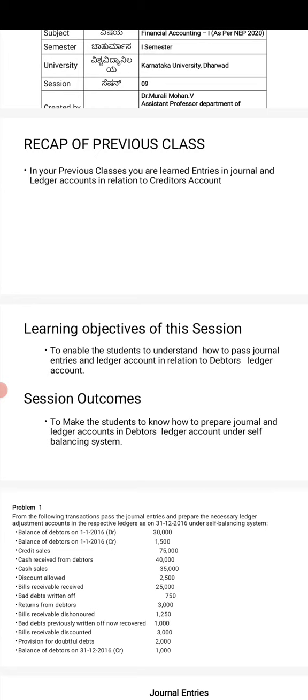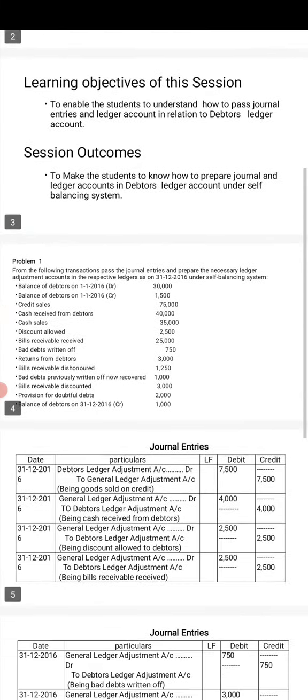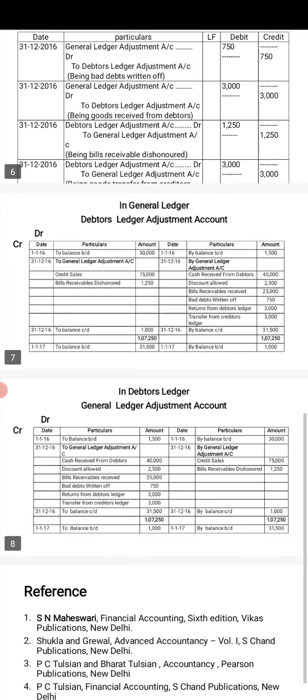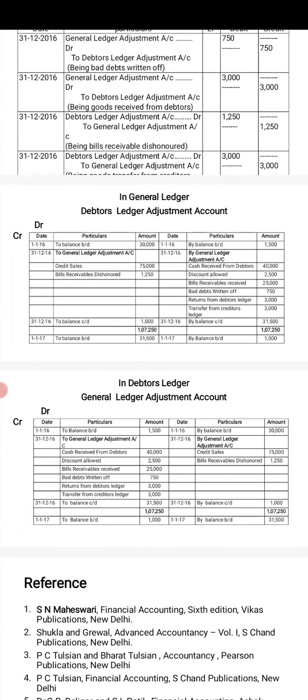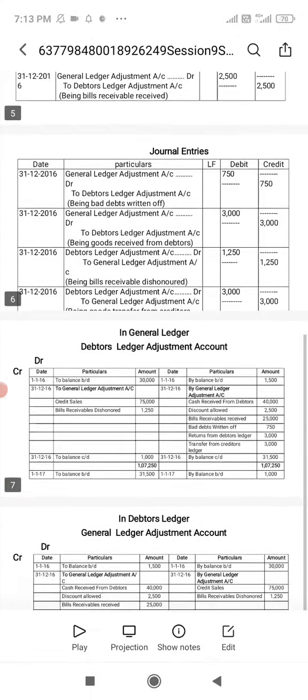Dear students, this is the problem. Now we have to pass journal entries and prepare ledger accounts for this problem. First, you have to group what information they have given in the problem and which information is missing. So first group the components.